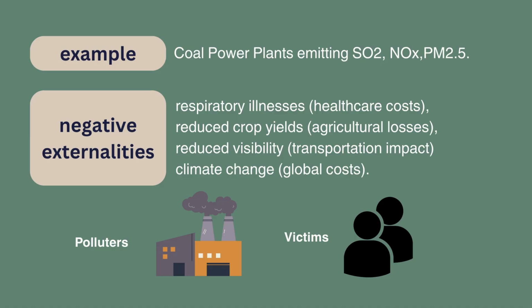In this case, the producers of the externality are coal power plants. The victims include nearby residents who experience health problems, the border city affected by smoke, and even future generations who face long-term climate consequences.